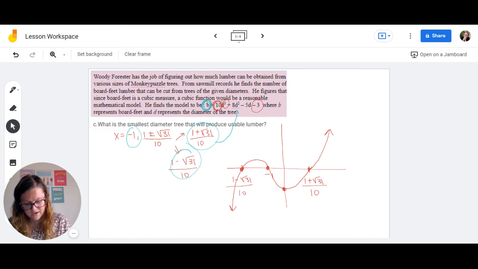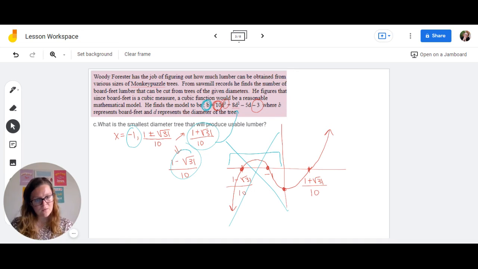So I'm going to cross off any value that is a 0 because I want to make more than 0. Then I'm looking at this part of the graph over here and I'm like, how can I have a negative diameter? Because remember, your zeros mean the diameter. So I'm going to cross off these values over here because that doesn't even make sense. I cannot have a negative length, so let's not look at that.